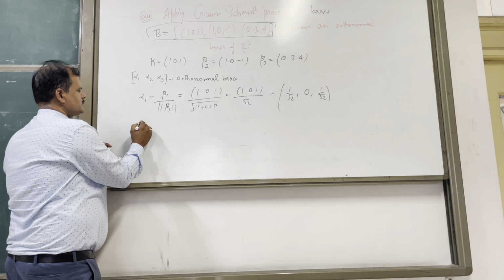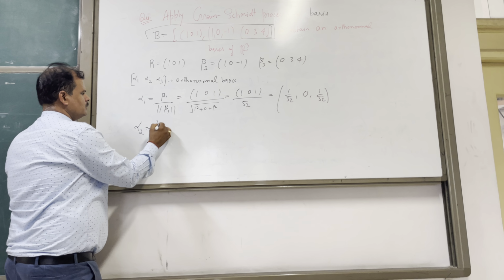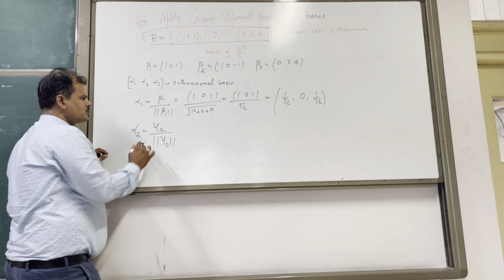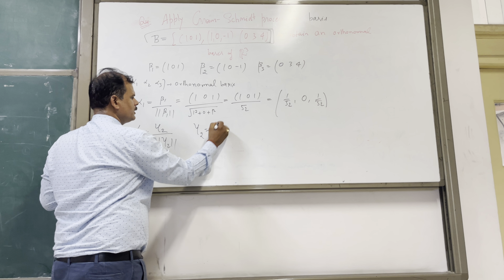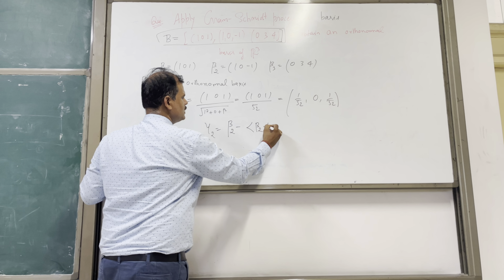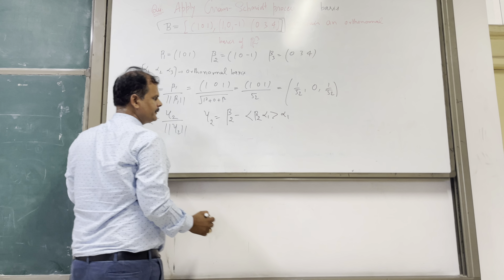Now let us get alpha 2. Alpha 2 equal to gamma 2 by norm of gamma 2. So what is gamma 2? Gamma 2, by the formula we know, equals beta 2 minus the inner product of beta 2 and alpha 1, into alpha 1.